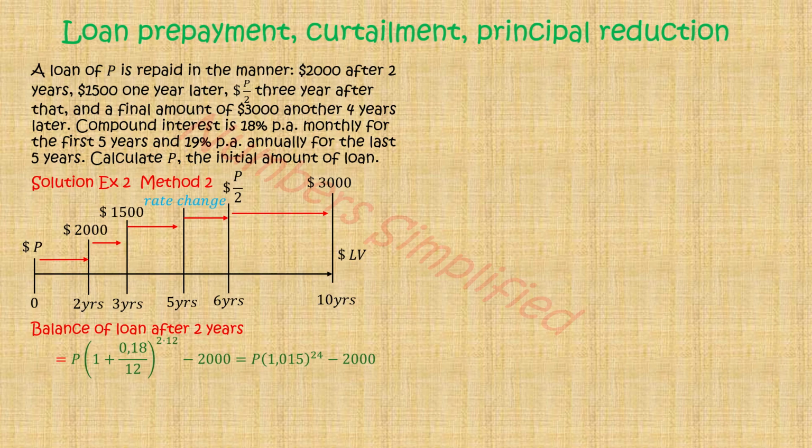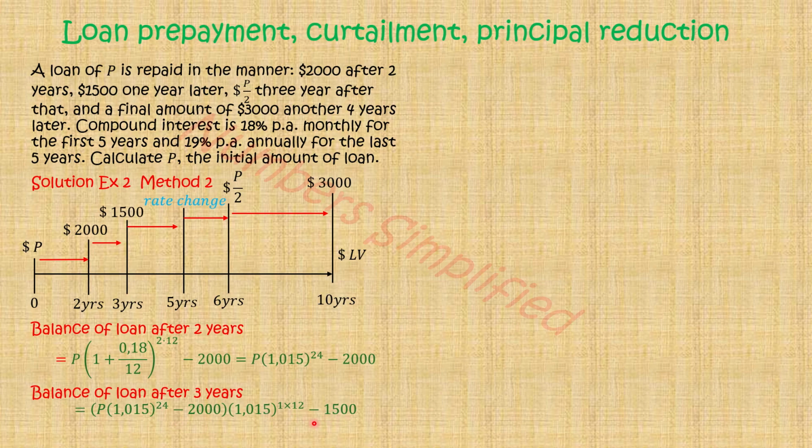Now in the 3rd year, we can also calculate the balance of the loan after 3 years, because from the balance that was left in the first 2 years, which accumulated interest for 1 more year, when the second payment of 1,500 was made, we are going to subtract that from the balance that was left in the previous year.